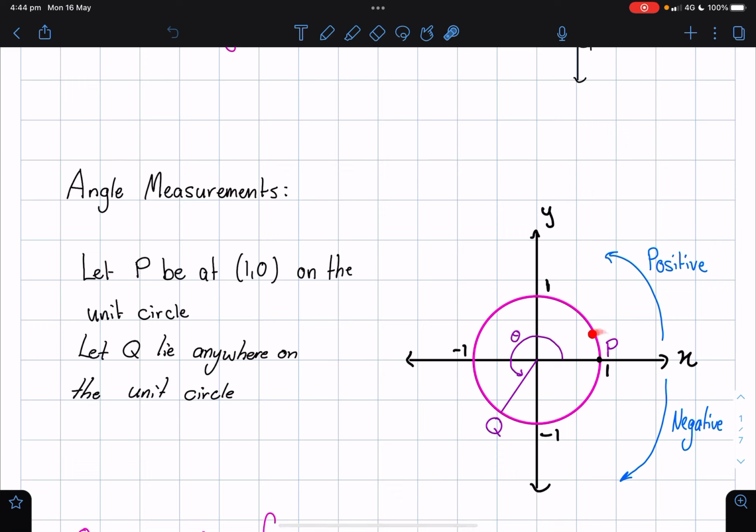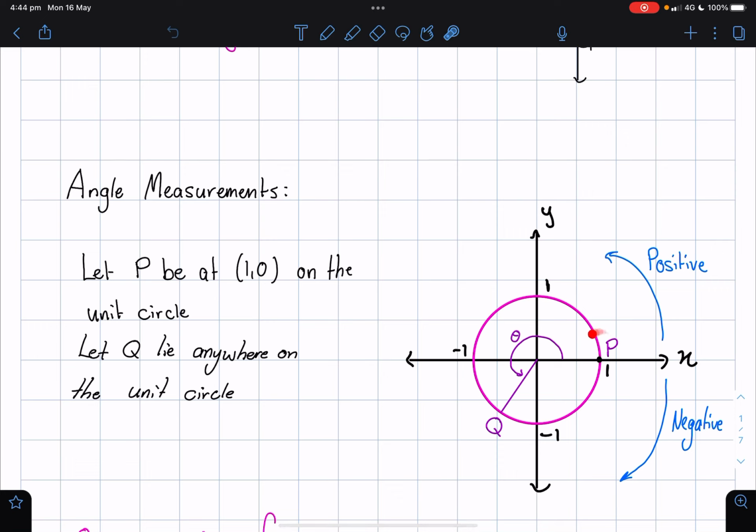If theta is negative to Q, then we measure it clockwise, all right? So theta is positive for anti-clockwise rotations, and theta is negative for clockwise rotations, okay? So this is a really important fact that we are going to use quite often in this unit of work. So please make sure you are all over which way positive angles are measured and which way negative angles are measured.